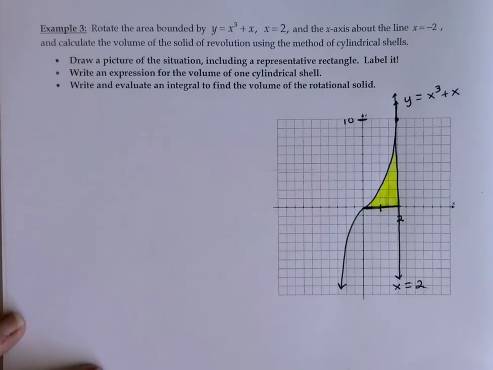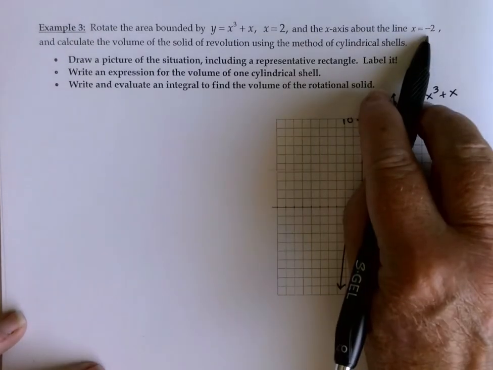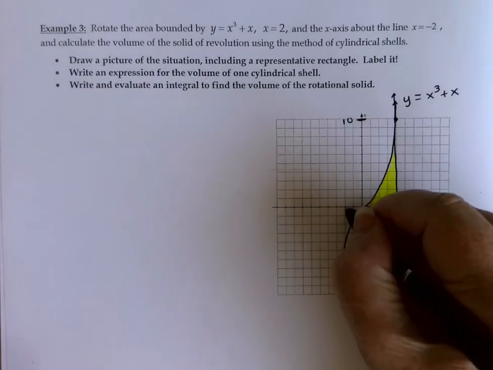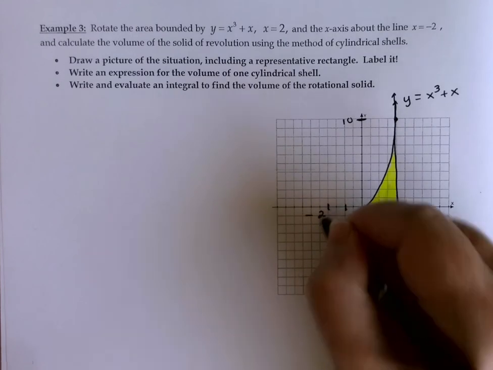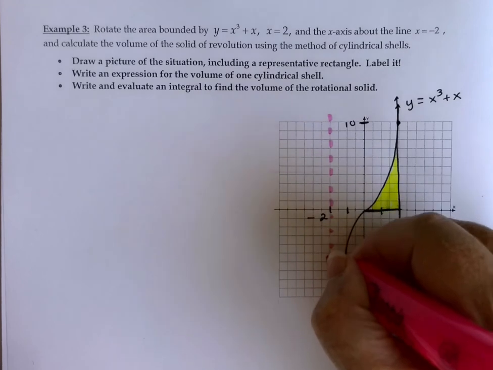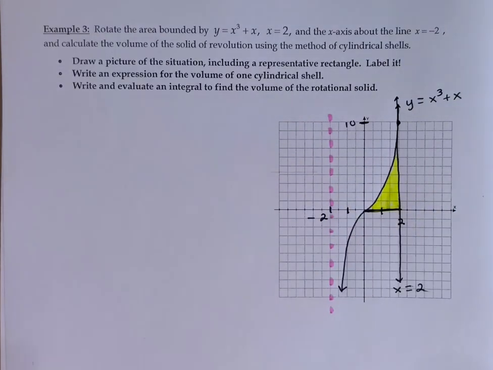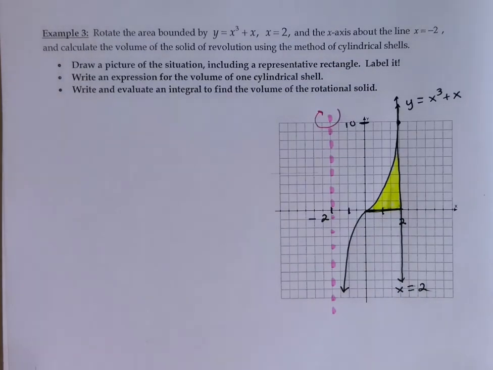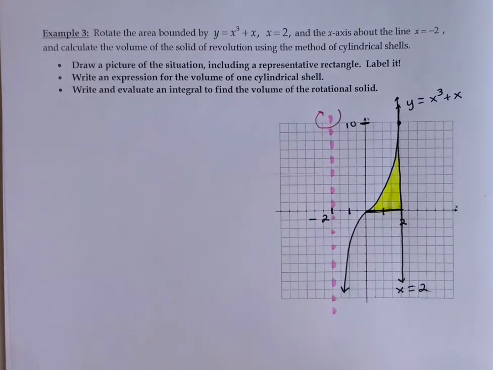All right, we want to rotate this around the line x equals negative 2. So let me put that in there as the axis of rotation. And since we are going to use cylindrical shells, we're going to draw our rectangle parallel to that axis of rotation. So we want to draw them vertically.